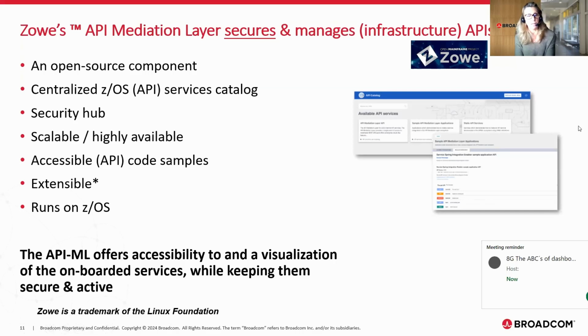It does the job of centralizing all of the APIs associated with any of the products and services that you want to access on the mainframe. It serves as the heart and soul, the security hub, if you will, enabling anything that you want to access to be secured in a manner that you expect on the mainframe. So the API ML leverages all of the security protocols that are already in place on the mainframe, the enterprise ESMs and SAF that exist there.